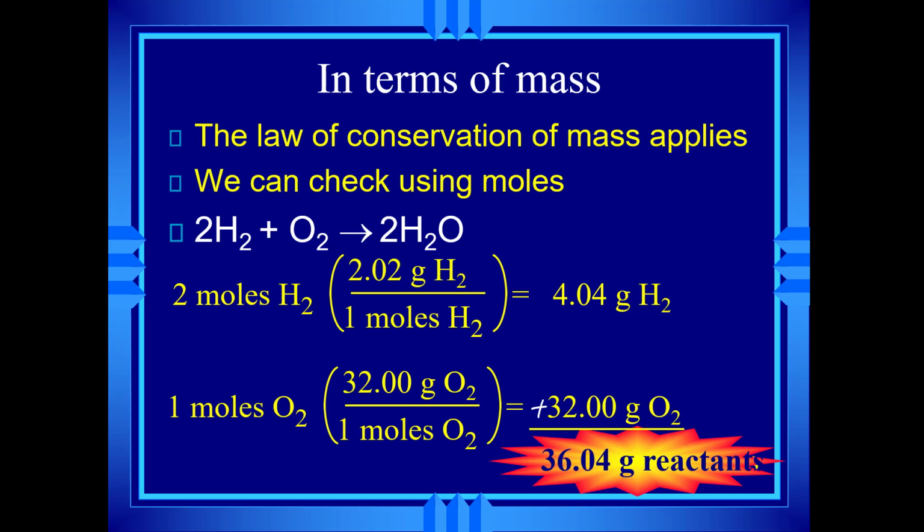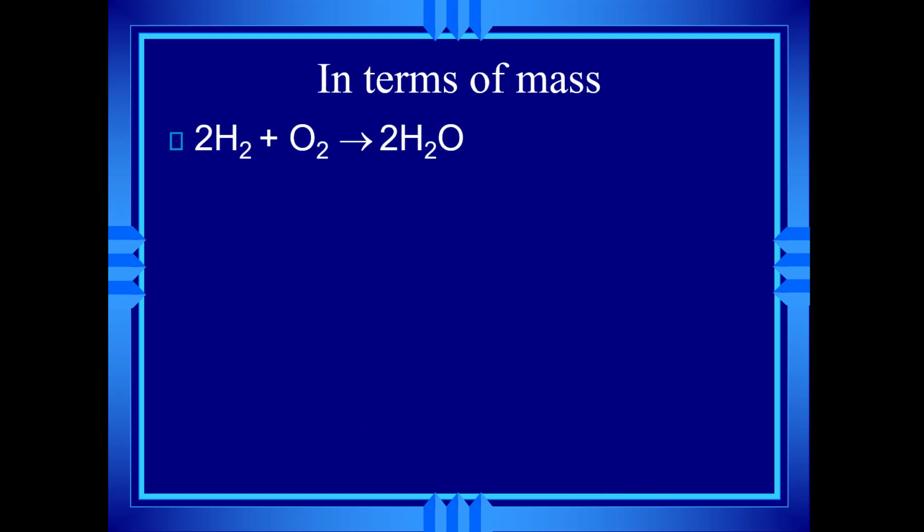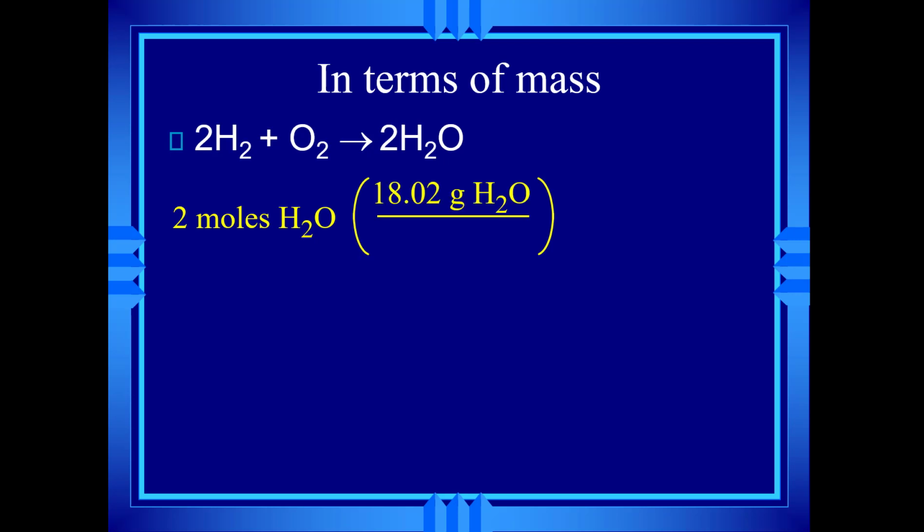If I'm going to prove the law of conservation of mass is true, I've got to figure out how heavy my products are. So how much H2O? Well, there's a 2 in front of it, so I have 2 moles of H2O. I'm going to get rid of moles of H2O and turn it into grams of H2O. That's 2 H's times 1.01 grams, 1 O times 16.00 grams.